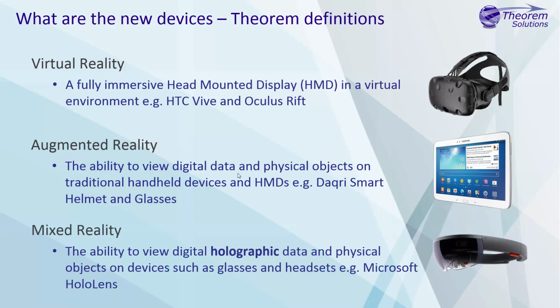And the final one is mixed reality, and this is a very different experience again from the first two. Mixed reality is more of a Microsoft definition, and it's the ability to view holographic data, so you get a hologram in your view as an experience. When you interact with it, you tend not to want to touch it, but the best way to interact is to actually walk around it, look down on it, look underneath it, and get the best experience.